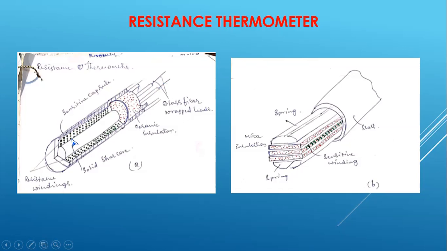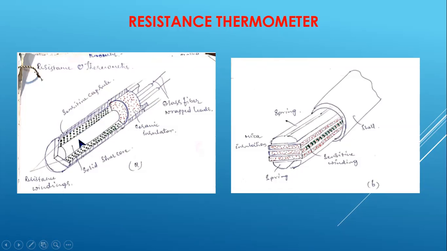All of you listen here. The principle of operation of the resistance thermometer: at the start of this resistance thermometer, you have a stainless steel flange directly connected to the solid silver core, and the solid silver core is covered with the copper winding. The copper winding is covered with the ceramic insulator, and from the solid silver core and the winding you have two terminals or leads connected to the digital indicator.